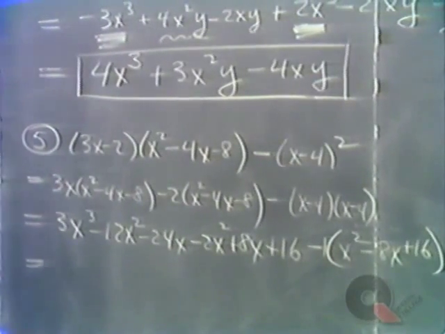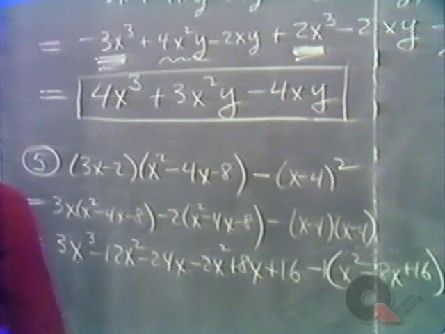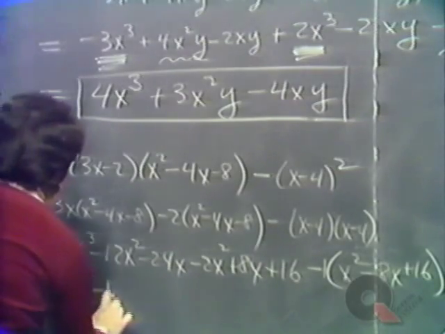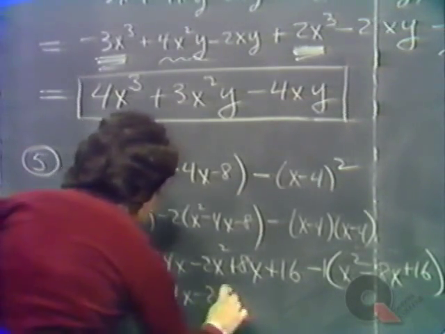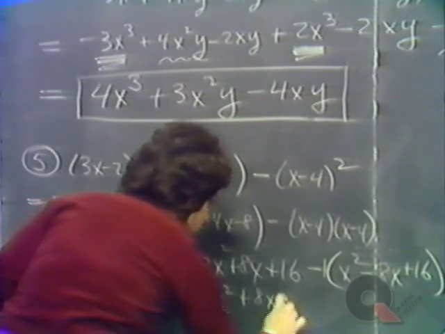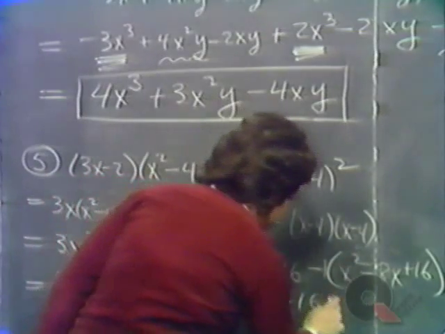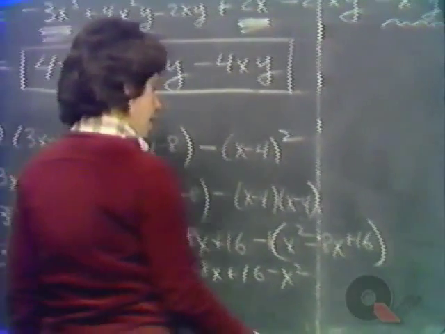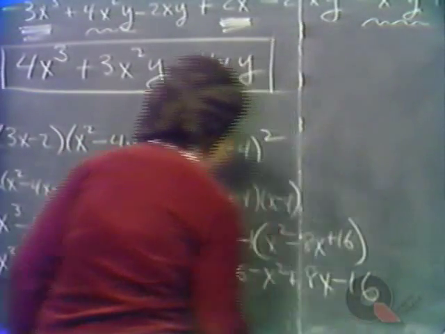So let's see what we have. Let's just rewrite this. 3x cubed minus 12x squared minus 24x minus 2x squared plus 8x plus 16. And now, minus 1 times x squared is minus x squared. Minus 1 times minus 8x is plus 8x, and then minus 16.